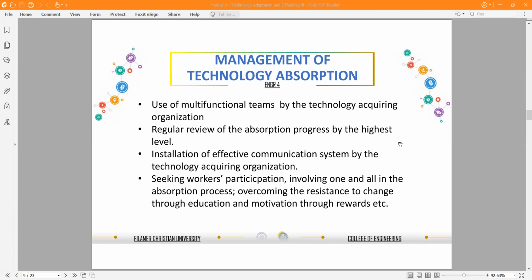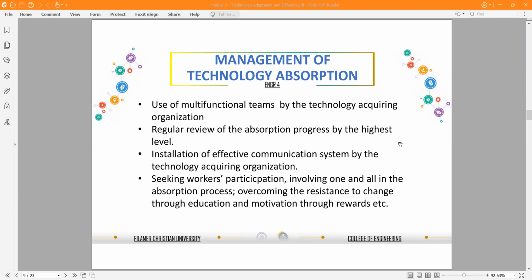What else? So use of multifunctional teams by the technology acquiring organization. Regular review of the absorption progress by the highest level. Installation of effective communication system by the technology acquiring organization, and seeking workers' participation involving one and all in the absorption process.